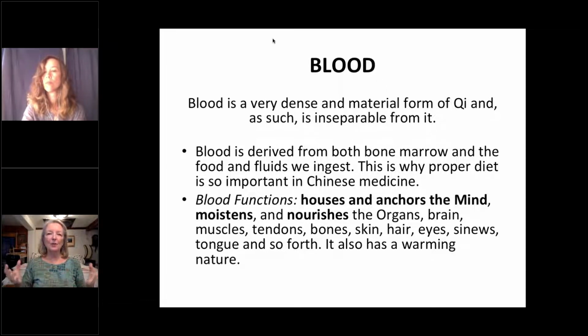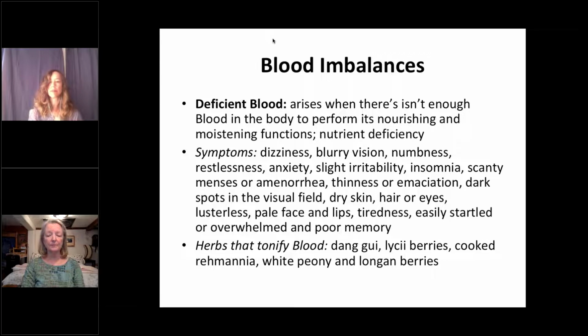But blood, as we know, nourishes everything in the body. It has so many moistening and nourishing functions. We've got to get blood into all the cells and organs and to the tendons and muscles and skin and so forth and so forth. It has a warming nature as well. So any blood imbalances we're going to see will have to do with these functions.